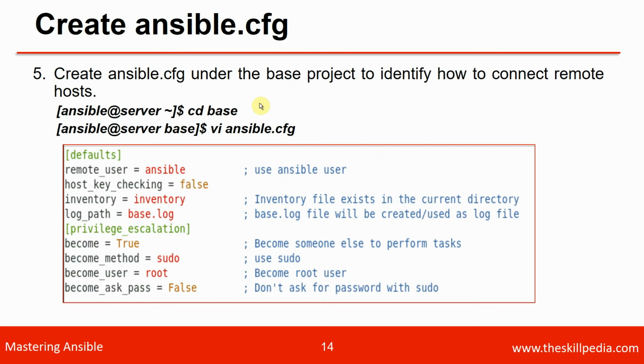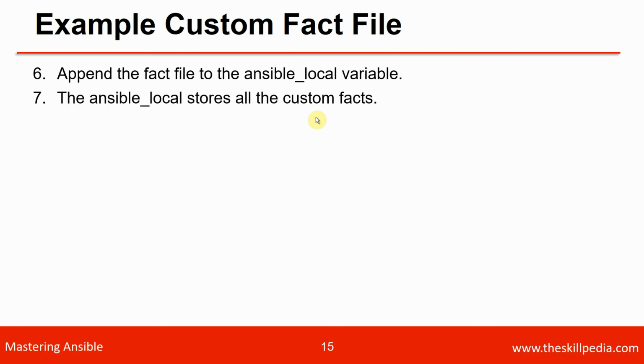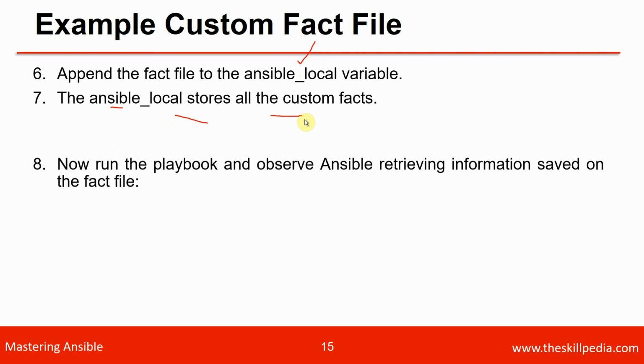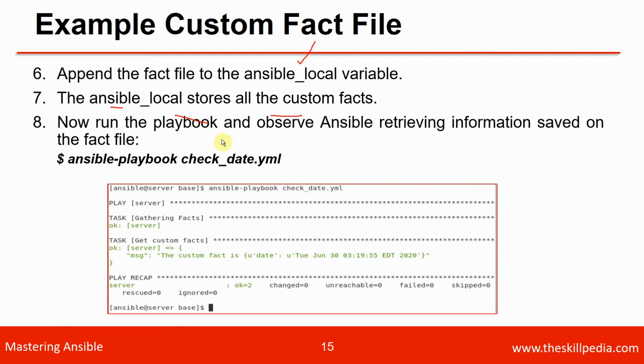When you run it, this is the configuration file. We already created it, the ansible.cfg file, and then run it. Append the fact file to ansible_local variables. The ansible_local stores all the custom facts declared. Now run the playbook and see the information, and this is what it is. So this is the message you get. ansible-playbook checkdate.yml, and this is the date equal to this in curly braces.